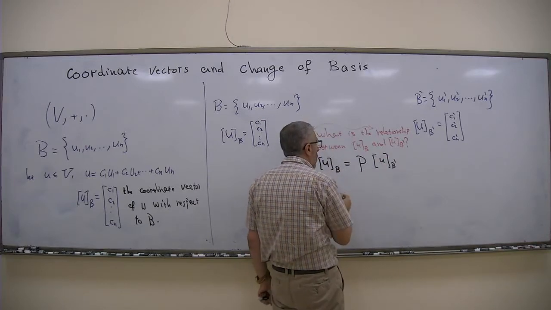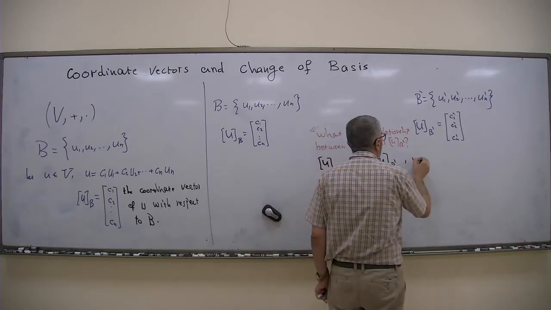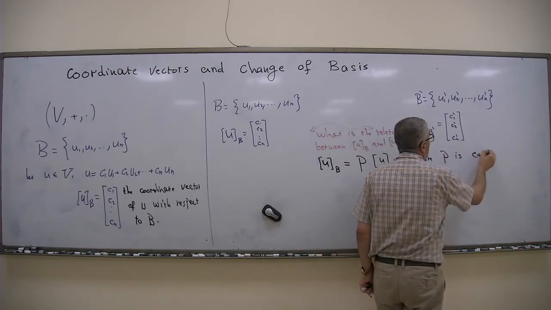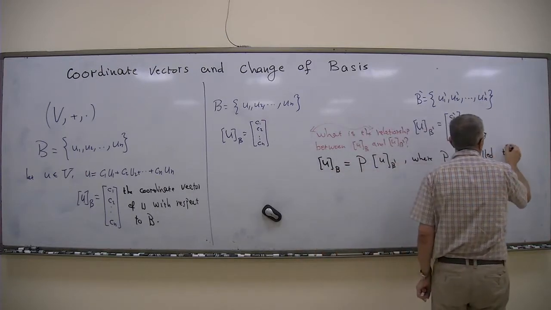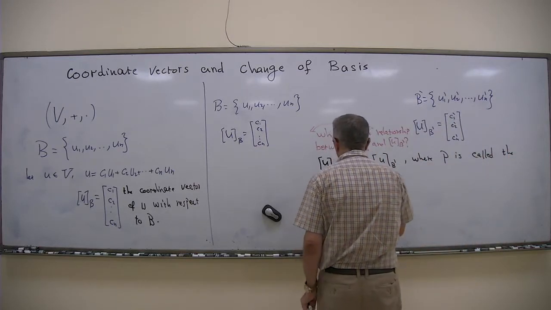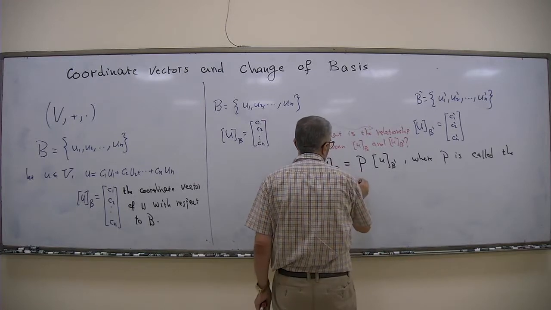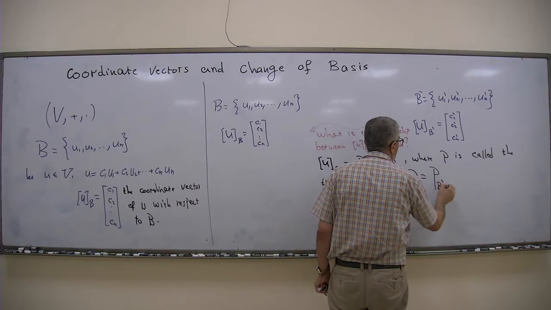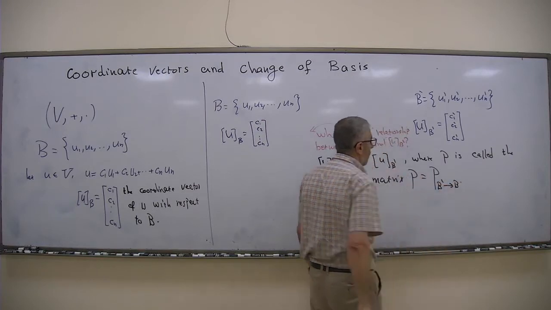This matrix is called the transition matrix. We write it P from B prime to B.